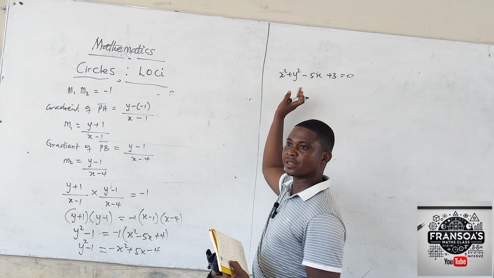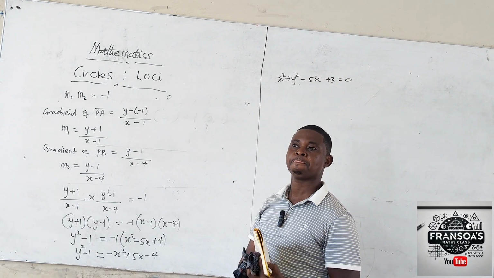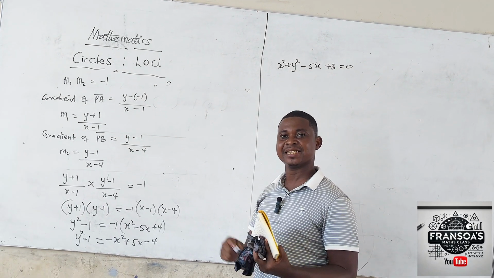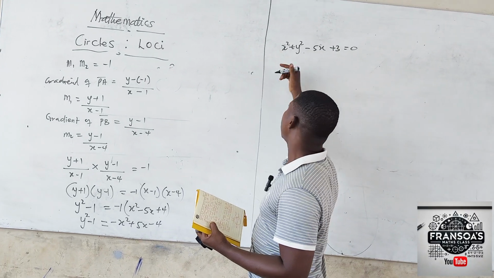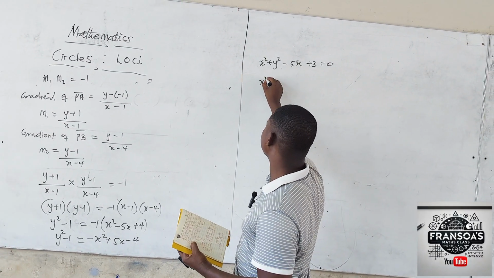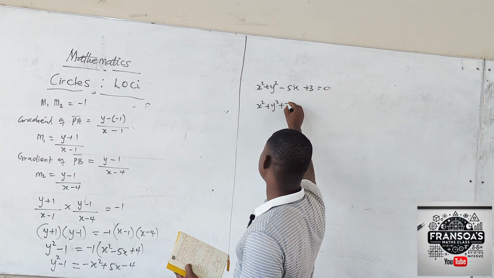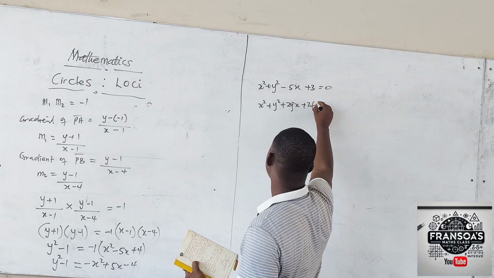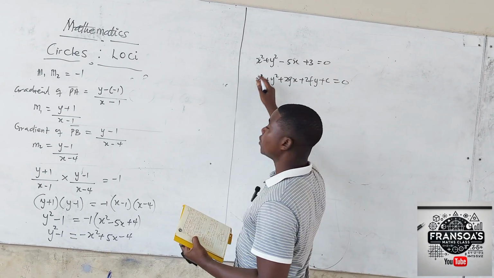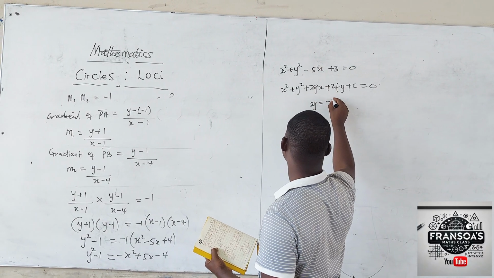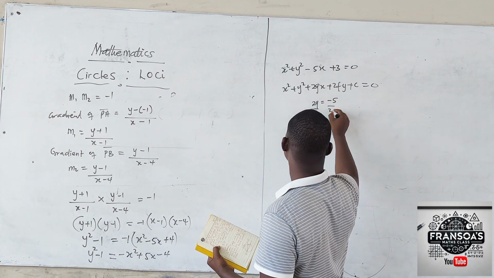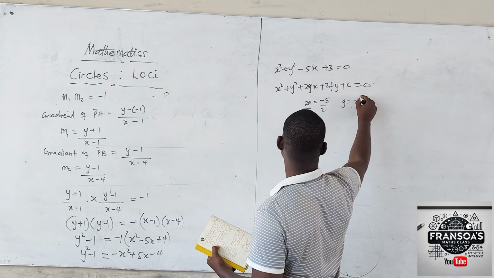If it's an equation of a circle, then we need to get the radius and the center. To get the center we compare coefficients with x squared plus y squared plus 2gx plus 2fy plus c equals 0. Comparing, 2g equals negative 5, so g is negative 5 over 2.